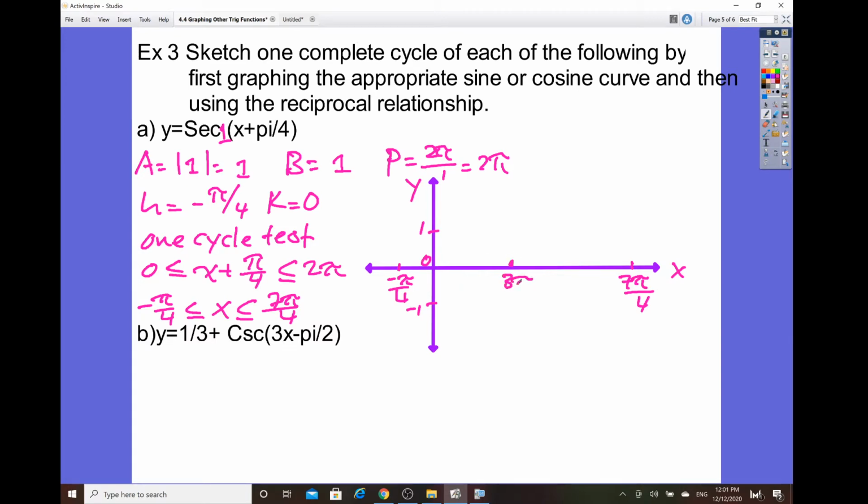Then half of the distance between 3 pi over 4 and 7 pi over 4, 10 pi over 4 divided by 2, is 10 pi over 8, which is 5 pi over 4. Then half of the distance between negative pi over 4 and 3 pi over 4, that'll be 2 pi over 8, which is pi over 4.